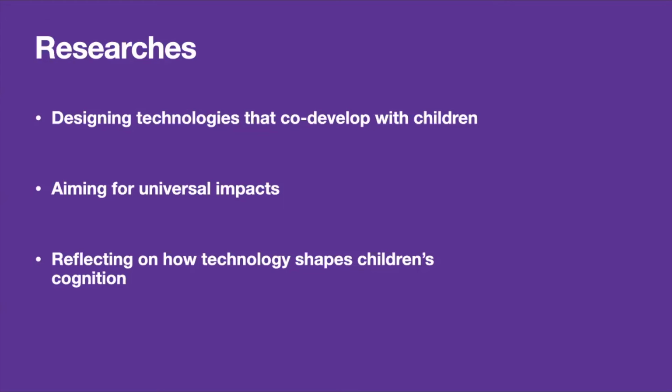And also, reflecting on how technology shapes children's cognition is really important because of the ubiquity of computing devices in children's lives. We need to reflect on how they are impacting children's development and how this affects the type of audience that they will become.